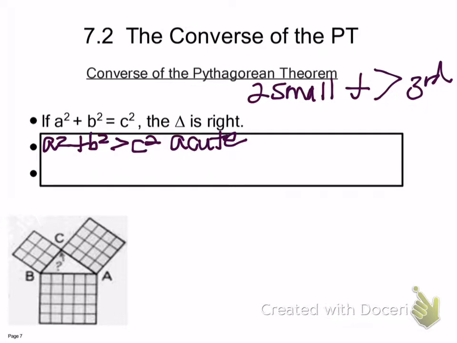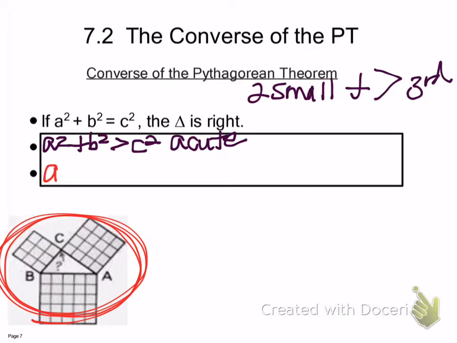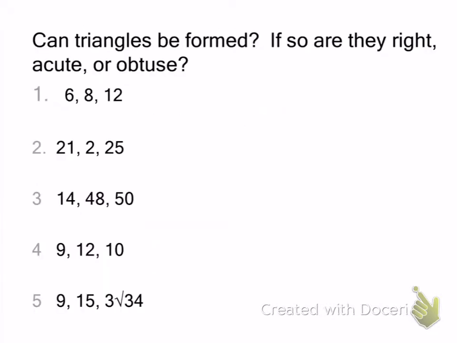It's acute. If a squared plus b squared is less than c squared, then it's going to be obtuse. So it's kind of backwards, right? You think greater than should be obtuse, and greater than is actually acute.